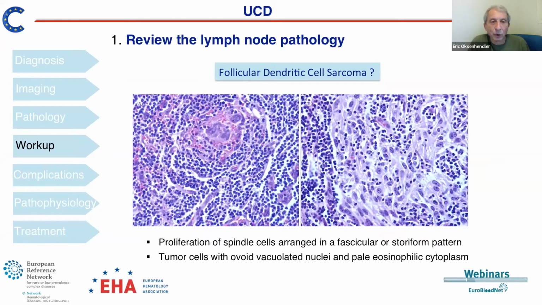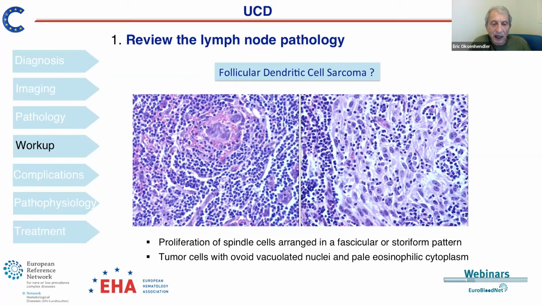Second reason to review the lymph node pathology is to be sure that there is no differential or associated diagnosis. The most important is probably FDCS, follicular dendritic cell sarcoma, which is a proliferation of spindle cells, usually arranged in a fascicular or storiform pattern.